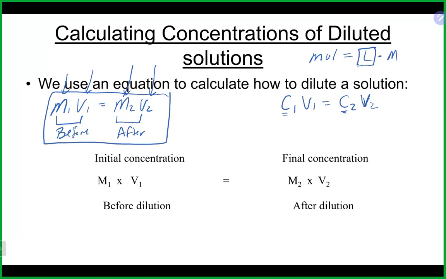For example, let's just say that I was solving for M2. M2 would be M1V1 over V2. And if we just look at units, if I left my volume for V1 as milliliters and my volume for V2 as milliliters, they will divide out and you'll be back to molarity.